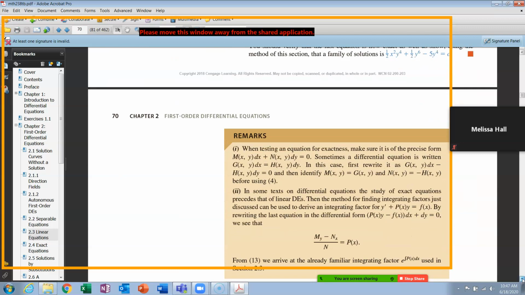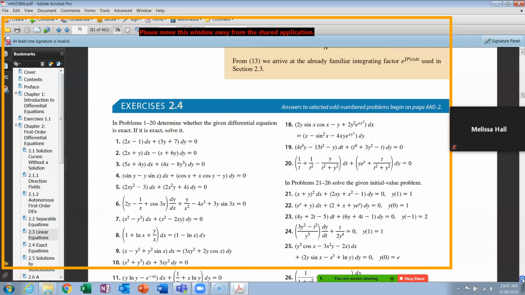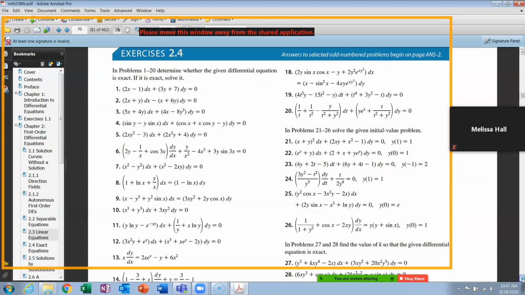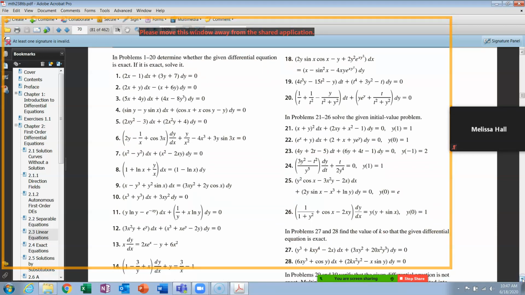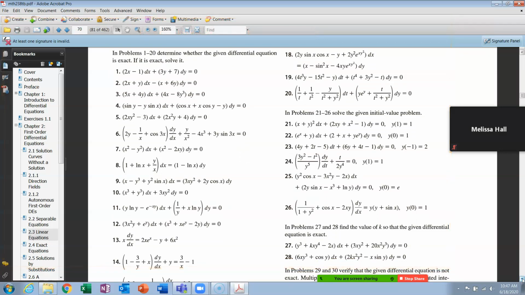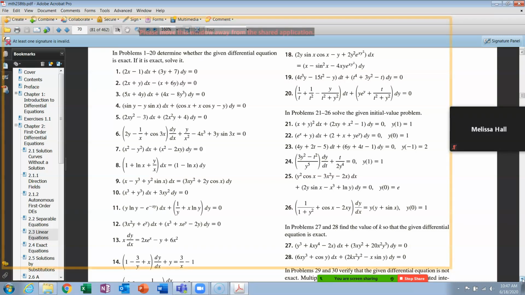Any of the odds 1 through 19 that have answers in the back of the book. Try any of those. I can't show them all at once. And have we done an initial value problem? I think that's coming up next. So hold off on the initial value problems. Any of the odds 1 through 19.